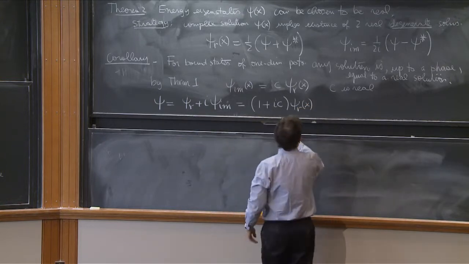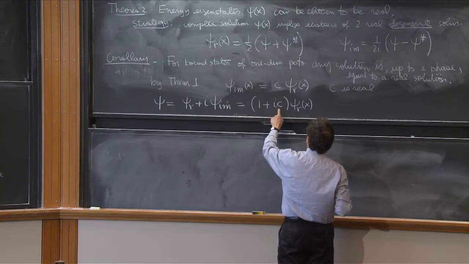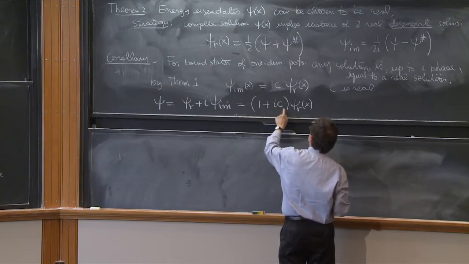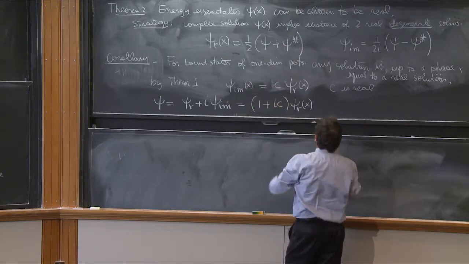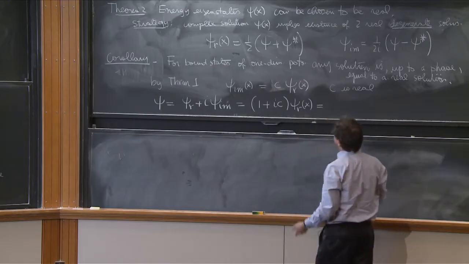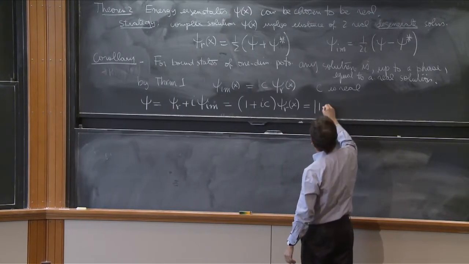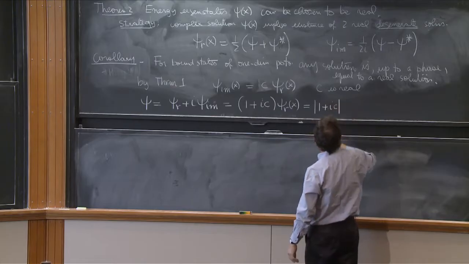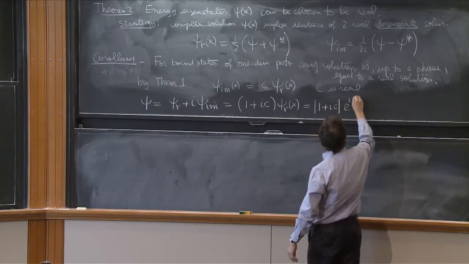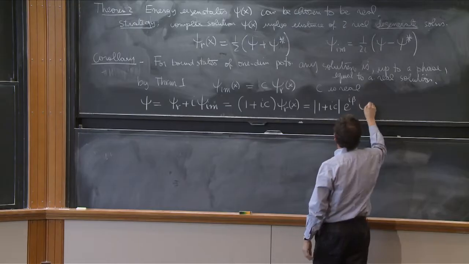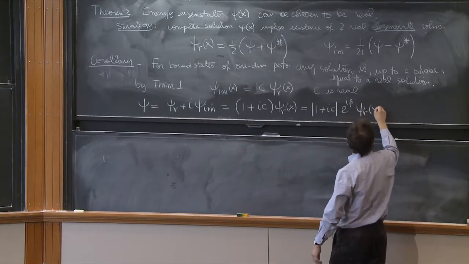Therefore, this is equal to a constant times a phase, this is a complex number, so this is yet another constant, the norm of 1 plus iC, times some phase times psi r of x.